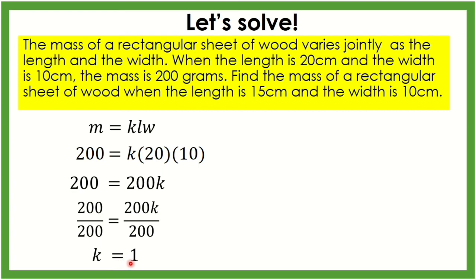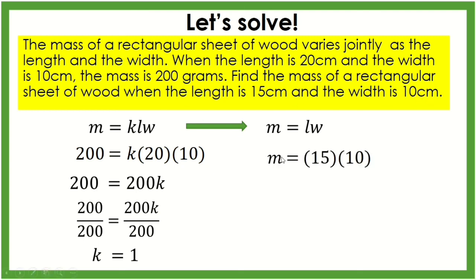After that, isubstitute natin dito sa ating equation. So, since K is equal to 1, we have M equals length times width na lang ang maiiwan. Then, substitute natin yung second value ng length, which is 15 centimeters, and width, which is 10 centimeters, para makuha natin yung mass.